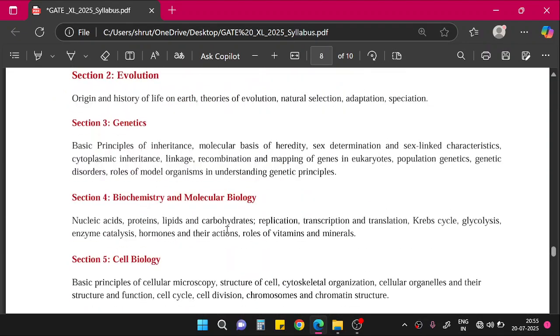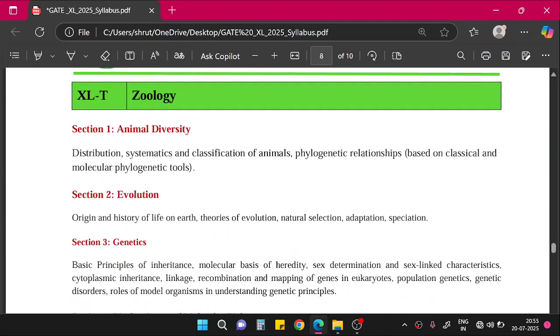Now next is the zoology section, which has the code XLT.